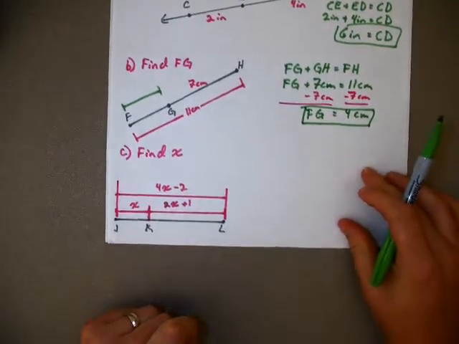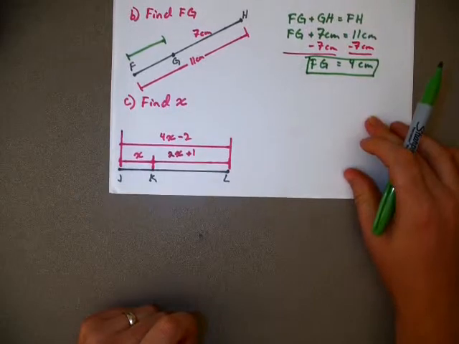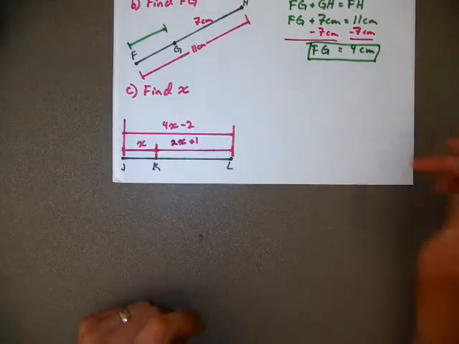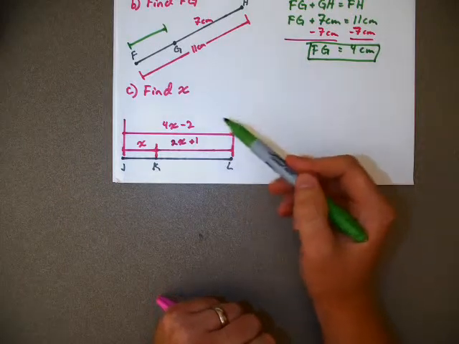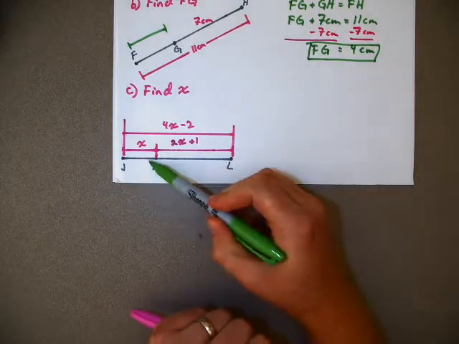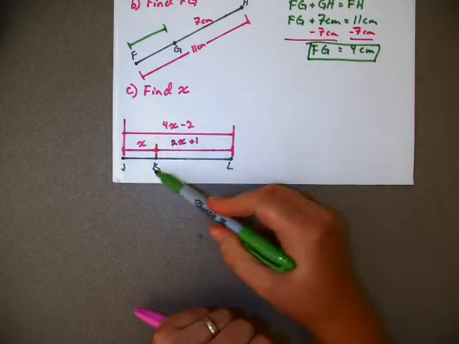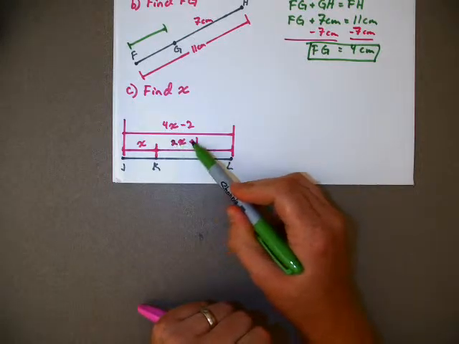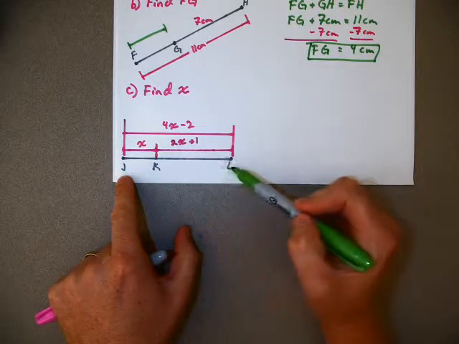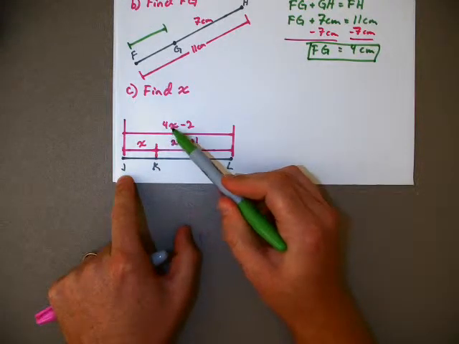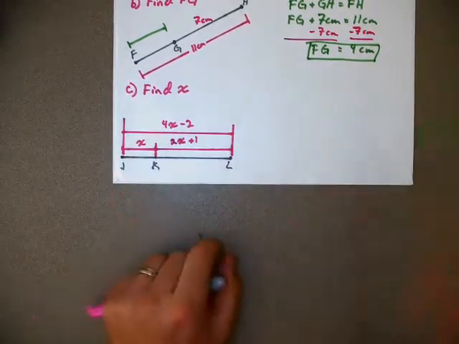The last example today is a little more difficult. They're asking us to find the variable x, and they give us this information. I know that JK is x, KL is 2x plus 1, and I know that the entire segment from J to L is going to be 4x minus 2. So let me write this down.